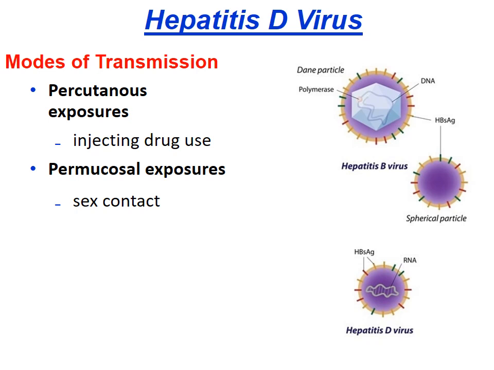Percutaneous exposure, injecting drug use, and permucosal exposure, sex contact. Here at the side you can see in the picture how hepatitis D is getting the surface antigen of the hepatitis B virus. Here you can see the Dane particle is there, polymerase is there, DNA is there in the structure of the hepatitis B virus, and the hepatitis B virus is showing its HBs antigen.